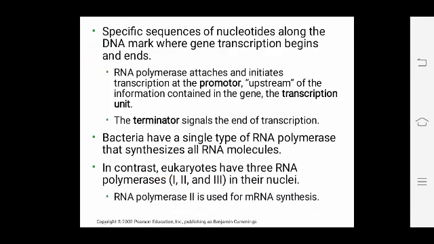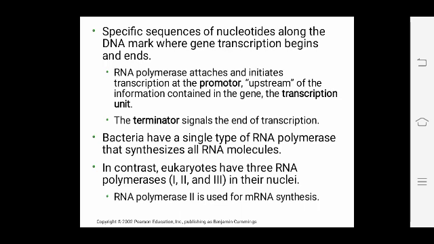Specific sequences of nucleotides along the DNA mark where gene transcription begins and ends. We call the beginning of transcription the promoter, and the end of transcription the terminator signal.